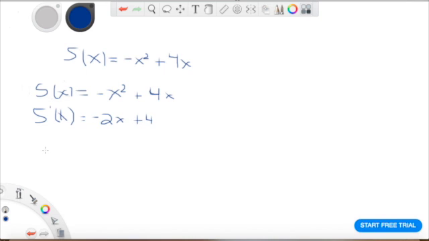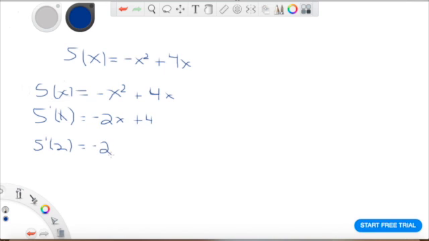So it asks us for the instantaneous velocity at 2 seconds. So we're going to substitute 2 into this equation.